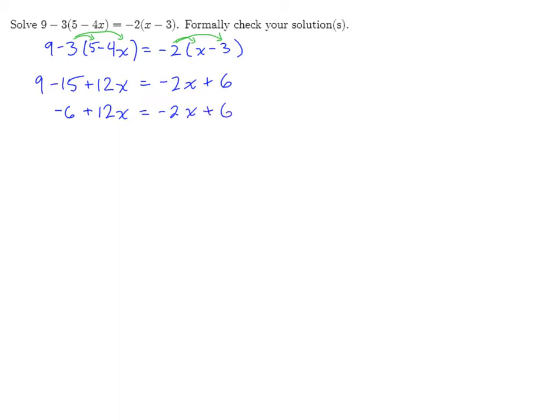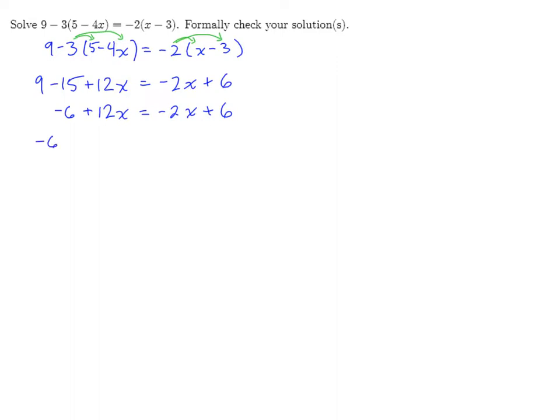Okay, so at this point, we need all terms containing x on one side of the equation and all terms that are constants on the other. So as a first step, we have positive 12x on the left, and negative 2x on the right. So we'll add 2x to each side, and that will make all terms containing the variable x end up on the left side.